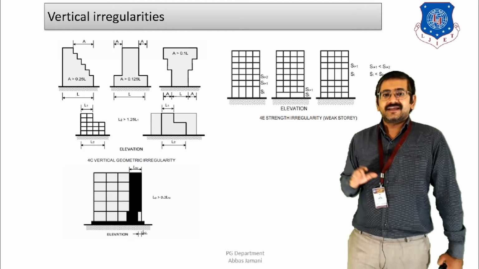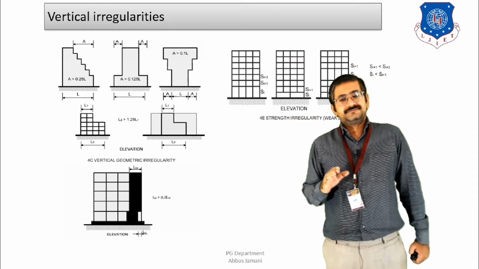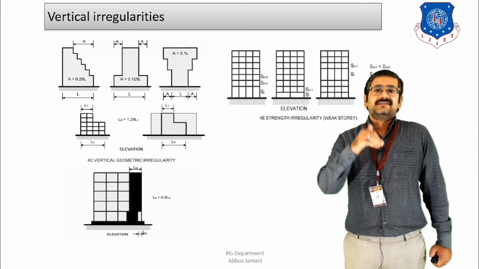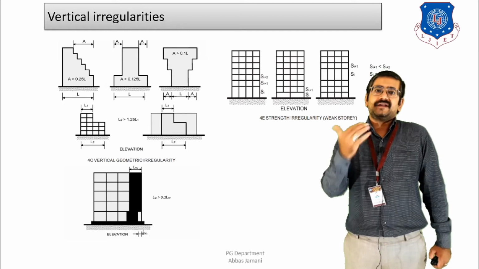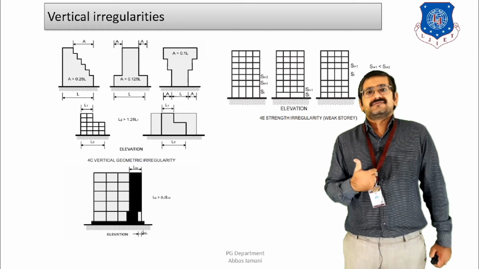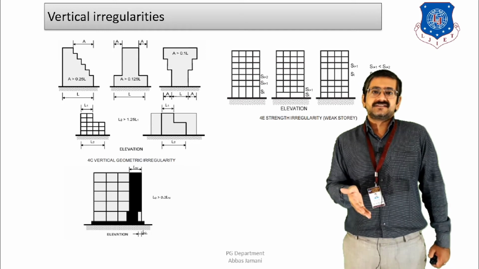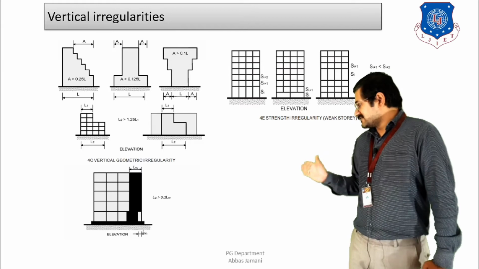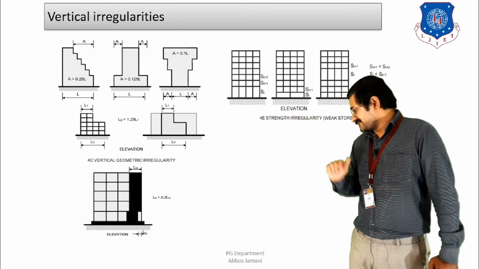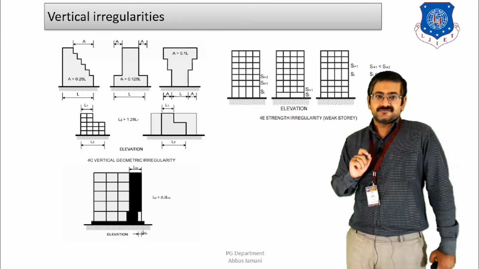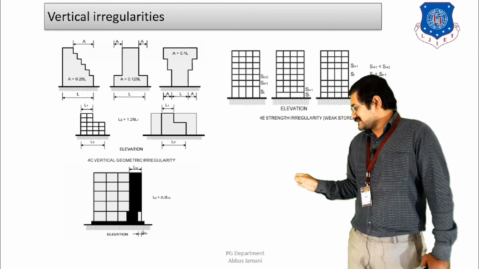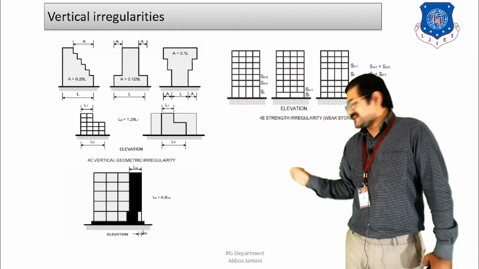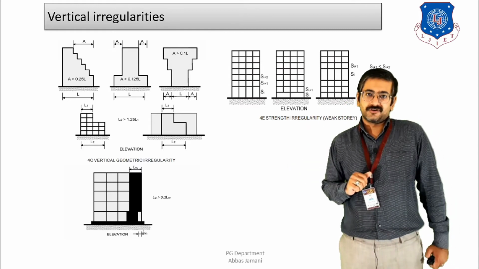Then the fourth category is the presence of in-plane discontinuity in the vertical elements, right? In the plan irregularity segment, we saw out-of-plane discontinuity, whereas vertical irregularity discusses in-plane discontinuity in the vertical element. As you can see in the figure, where shear walls are shown, on the ground floor the shear wall is located a little inside, and on the remaining floors it is flush with the outer corner of the building.